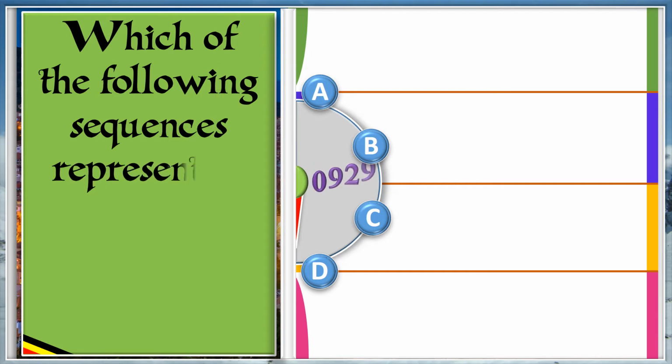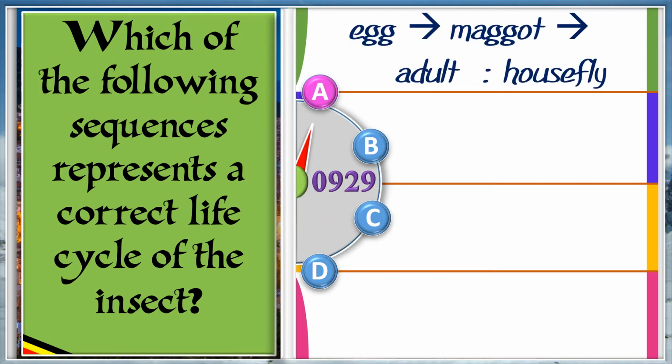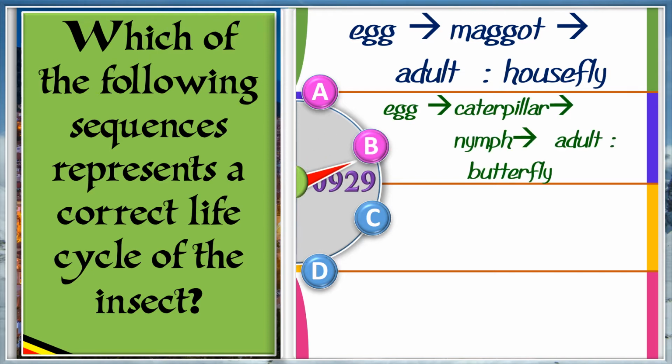Which of the following sequences represents a correct life cycle of the insect? A. Egg to maggot to adult, that is in a housefly. B. Egg, caterpillar to nymph to adult, that is in a butterfly.